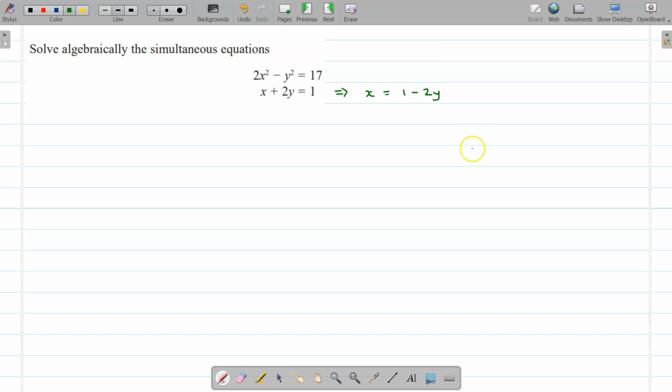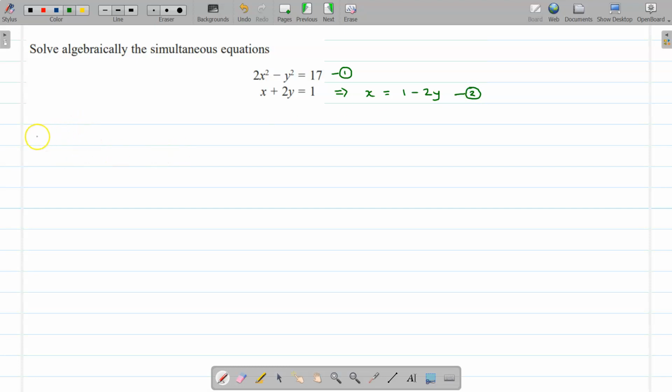And then I'm going to replace the x in the first one with 1 minus 2y. I'm going to call this equation 1, at the top, and I'm going to call this one equation 2.